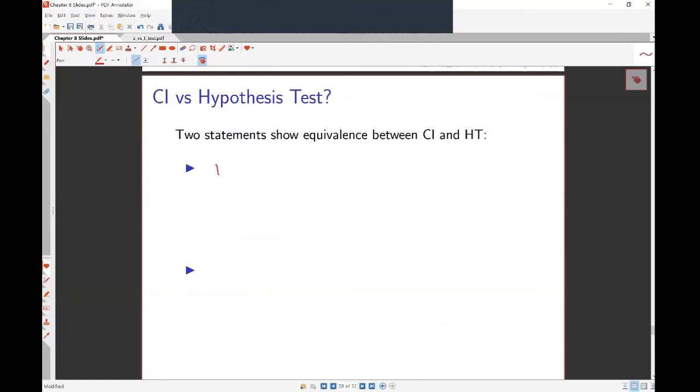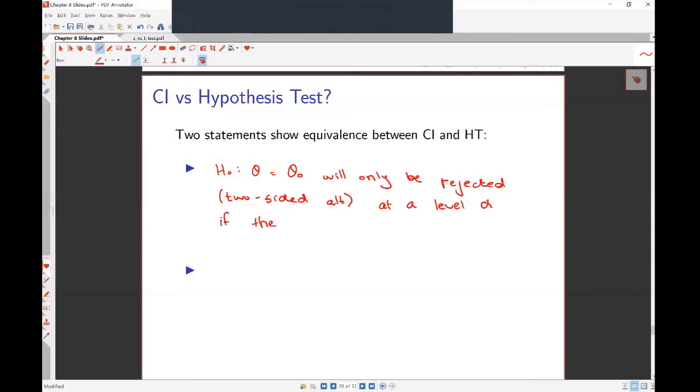The null hypothesis that mu is equal to mu naught will only be rejected against a two-sided alternative at a level alpha if the corresponding 100 times 1 minus alpha percent confidence interval does not contain theta naught.